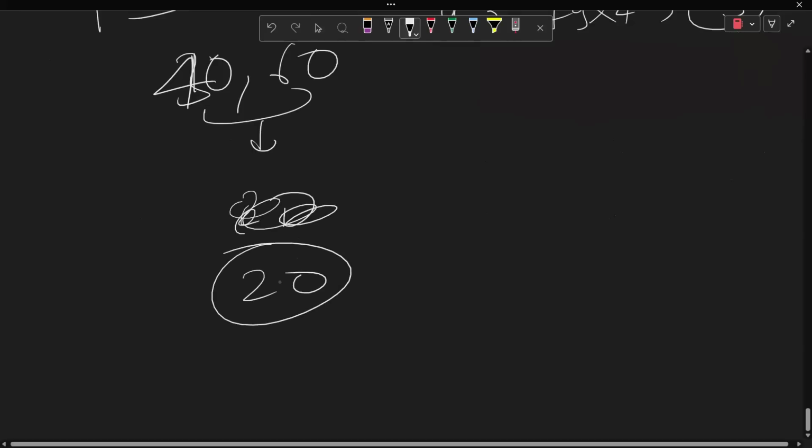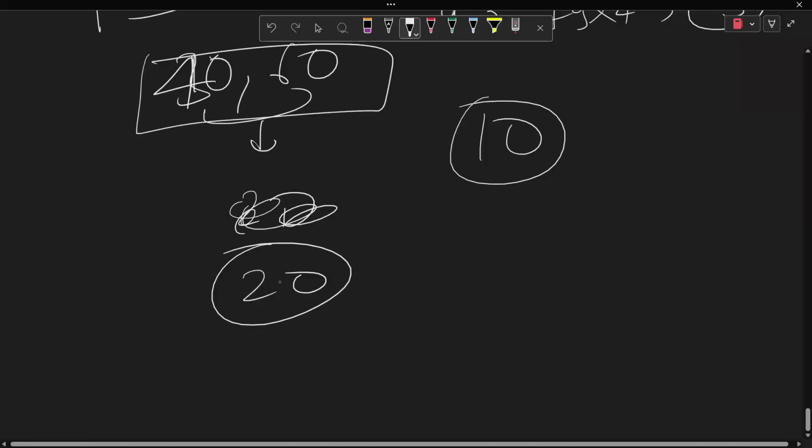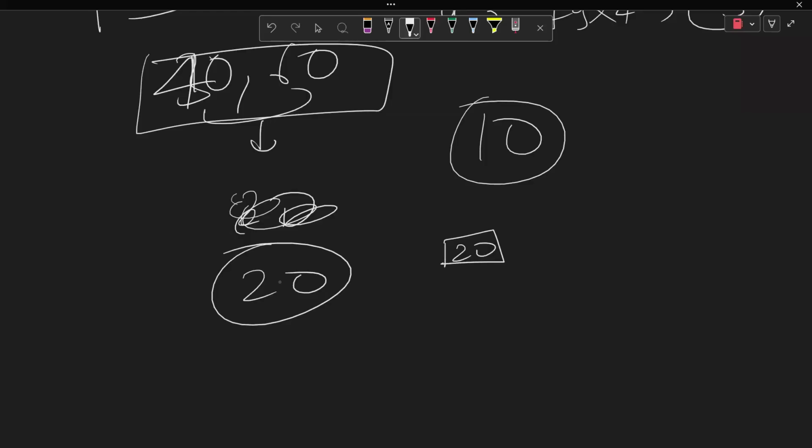So here you are asking, why would 10 not work? Here the GCD is 20. It means you can move in steps of 20. But if you want to move in steps of 10, how can you move in steps of 10? You need to think.